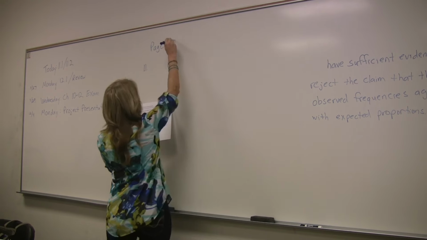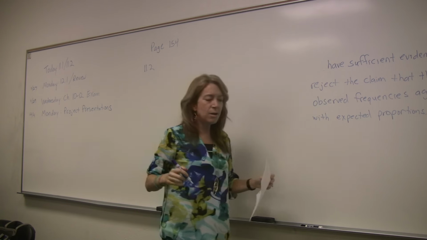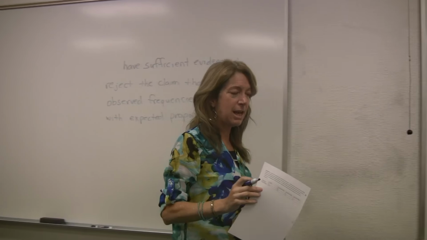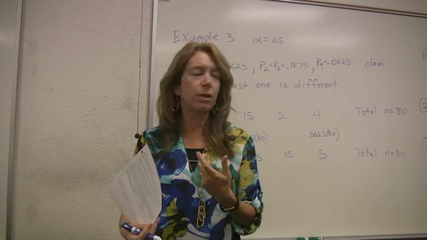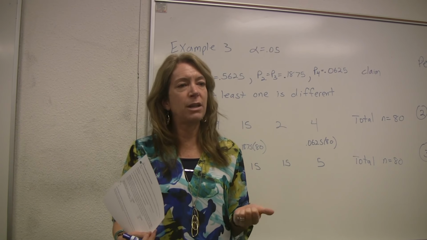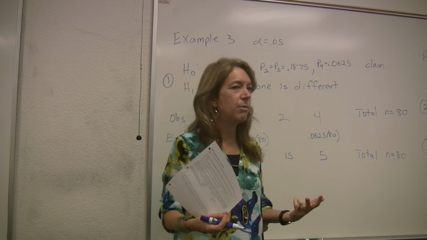Section 11.2 is all about what's called contingency tables, which I like to call two-way tables. Both are listed here. This is for when you have two categorical variables and you're looking for a relationship.